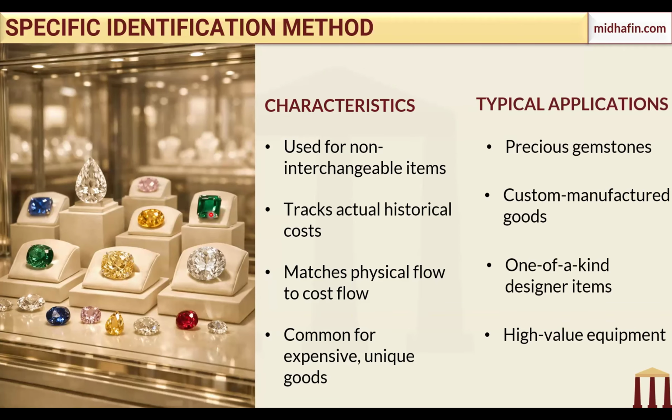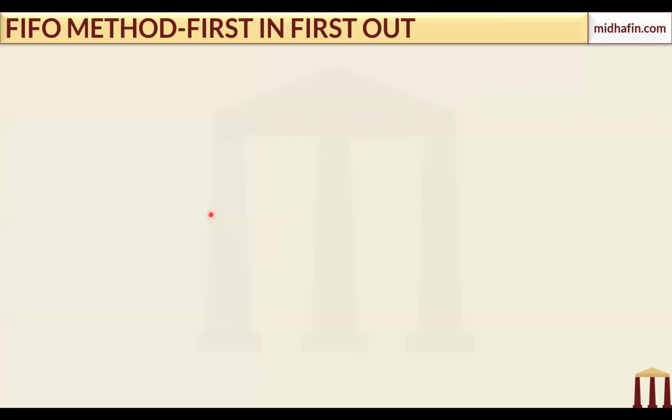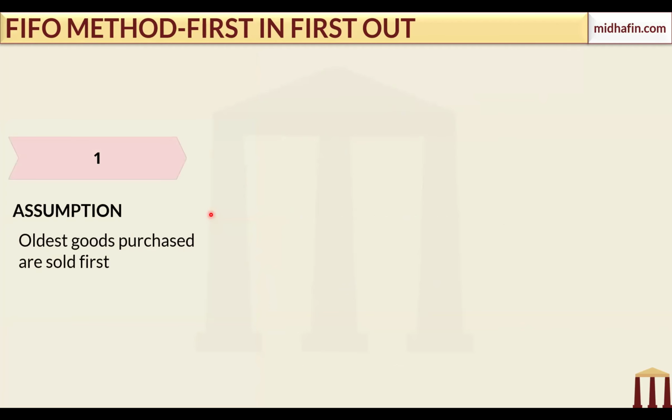Now, let us come to the first in, first out method, FIFO. So, what is the assumption? You assume that the oldest goods purchased are sold first. The oldest inventory purchased is the first inventory sold.